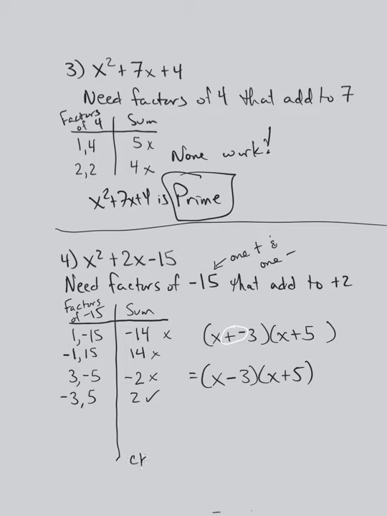And so if we do our check, we have x minus 3 times x plus 5 like that. And I go and distribute the x's. Again, I hope this is repetitive because that's the point. Now be careful on that second part. You're distributing negative 3. So whenever I distribute the x, I get x squared and then plus 5x. And then I have negative 3 times x. That's minus 3x. And then I have negative 3 times 5.